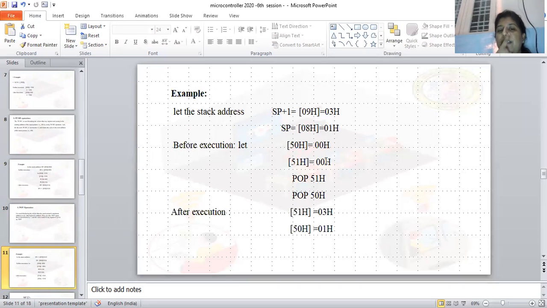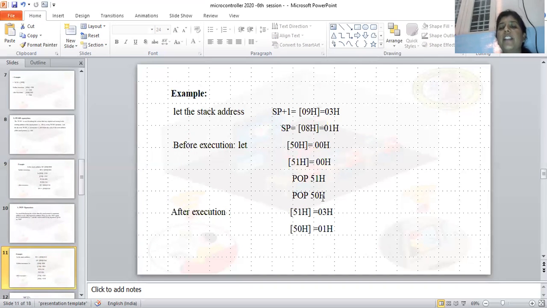Pop 51H means retrieving the data from the stack, from the memory location 09H, into the 51H memory location.